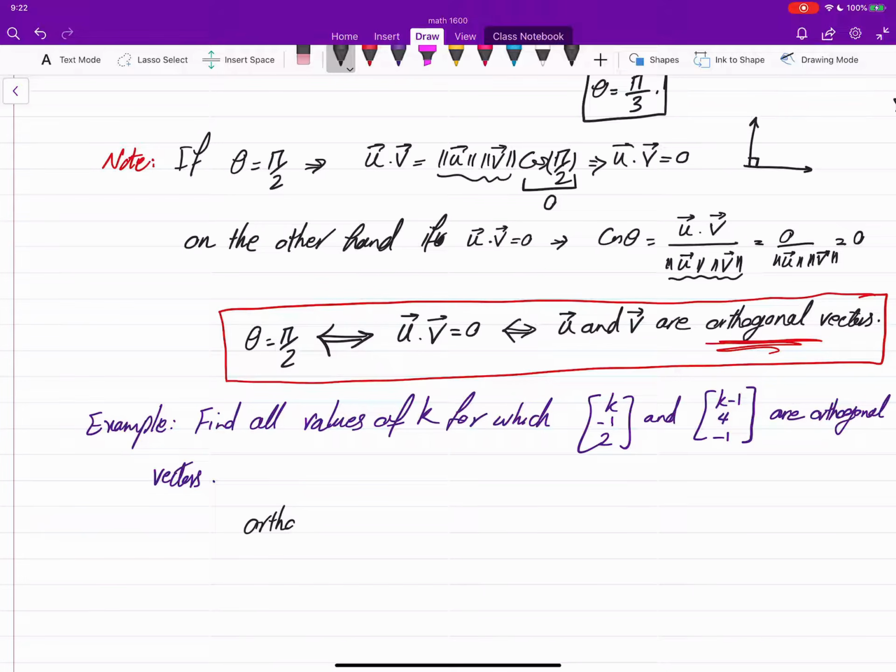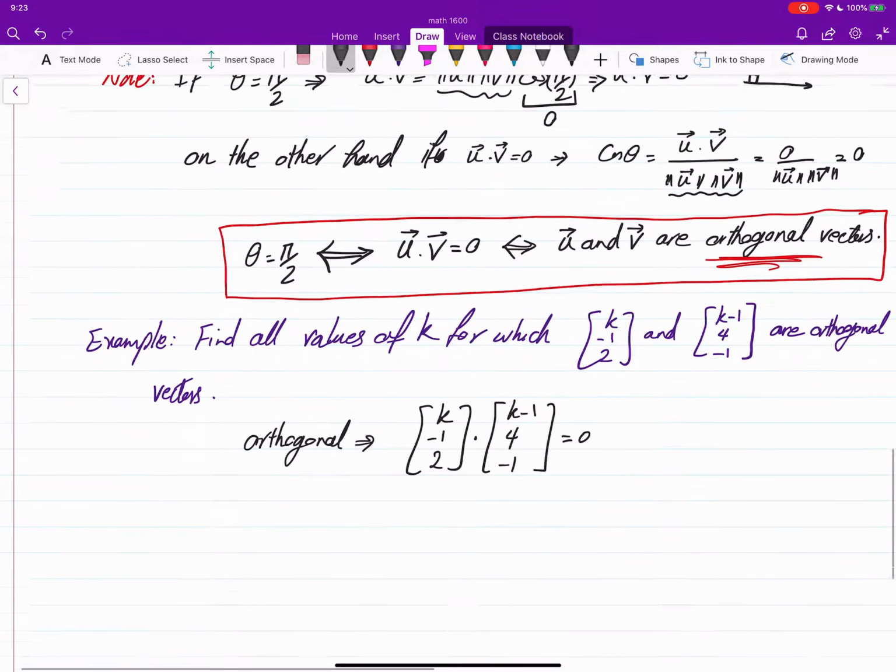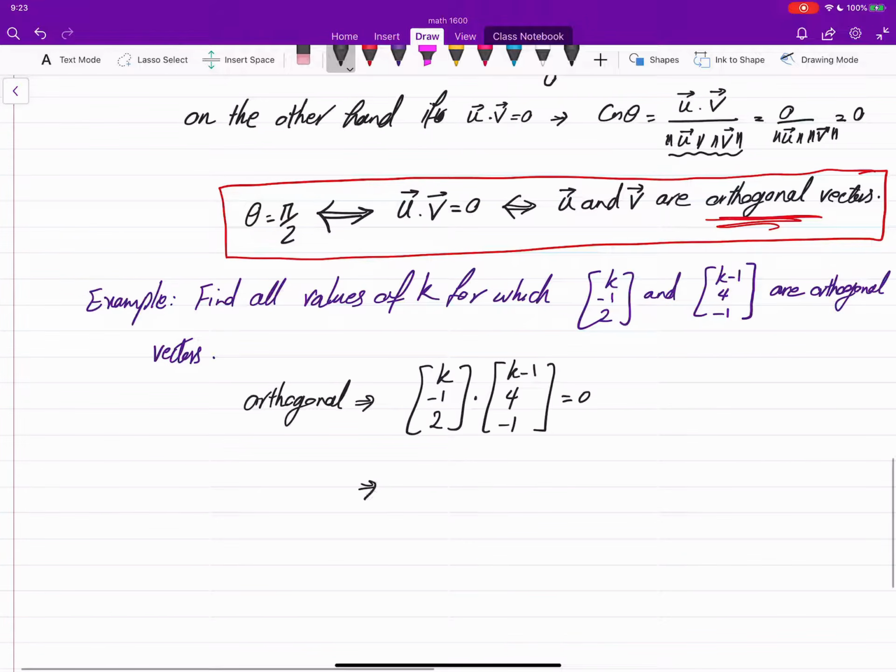Orthogonal means that this dot this is 0. But what does that mean? We know dot product is multiply the corresponding components and then add them.